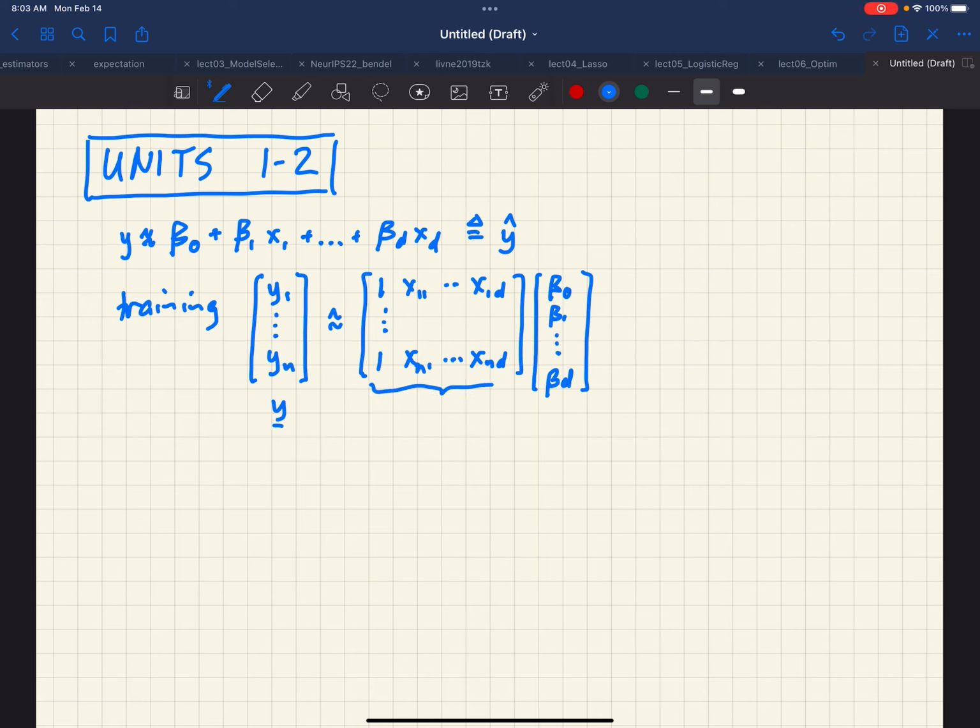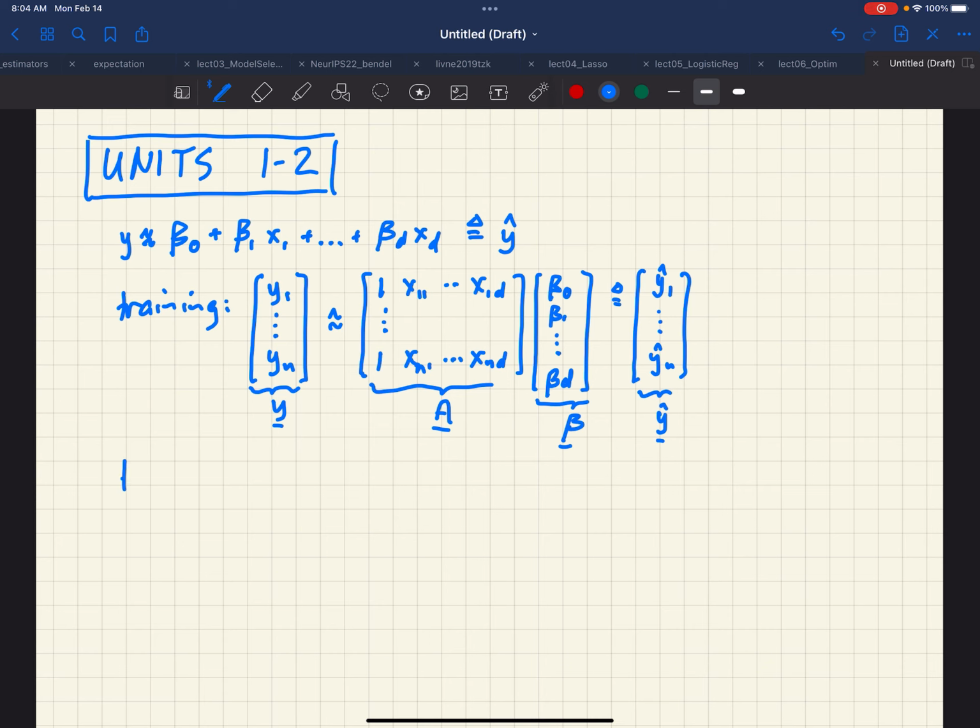So we'll call this matrix A, this is the vector beta, this is y bar, and we call the predictions here y hat 1 through y hat n, and call that y bar hat. Okay, so that's the training model.